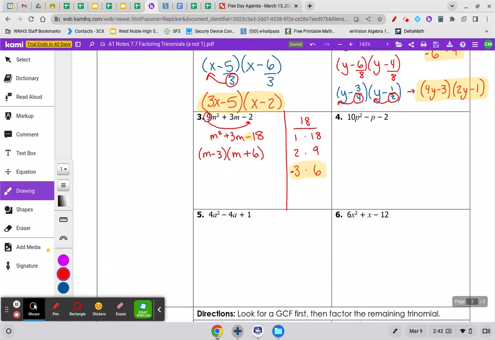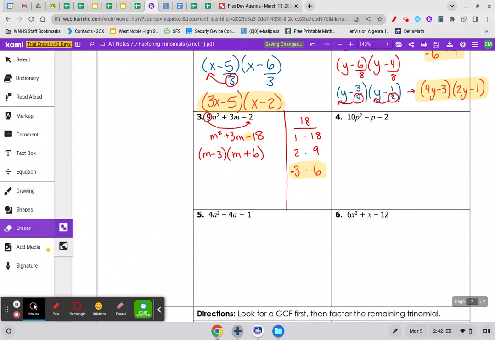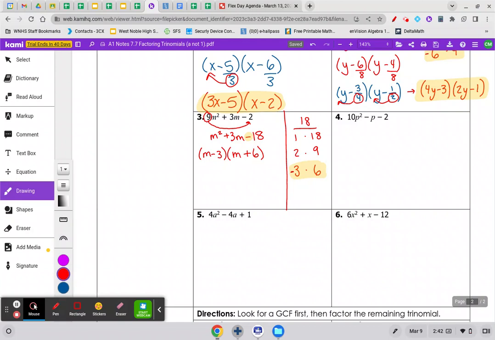Now I'm not done. That is the factor of this guy, not of the original. So now I need to slide the 9 back under. I need to reduce. Some of you guys were having problems figuring out how to reduce fractions. You basically just find the greatest common factor between each of these things individually.